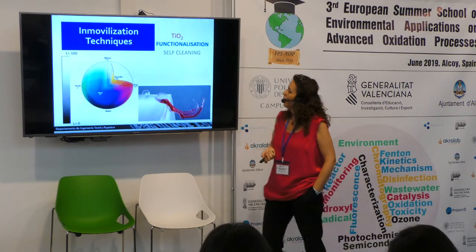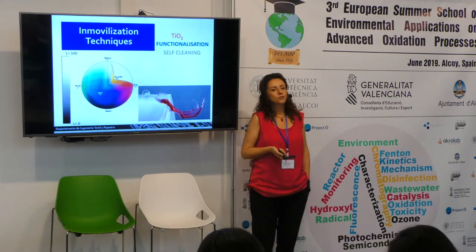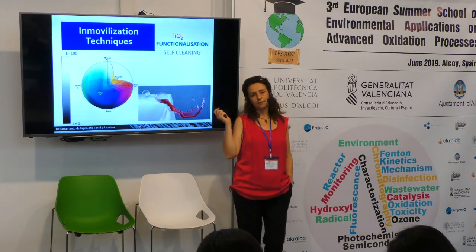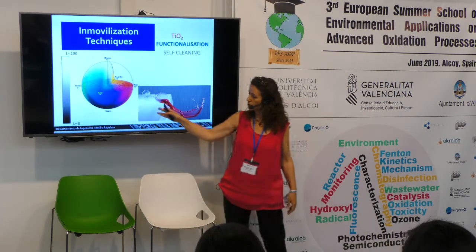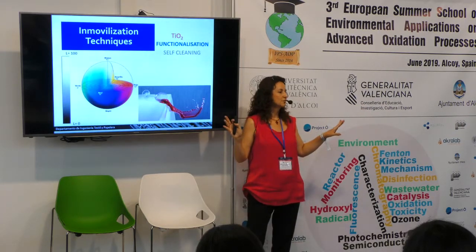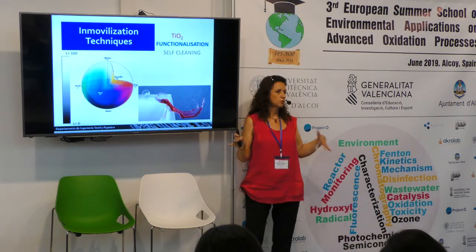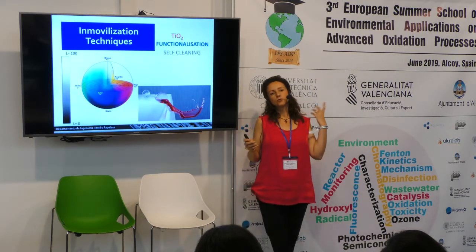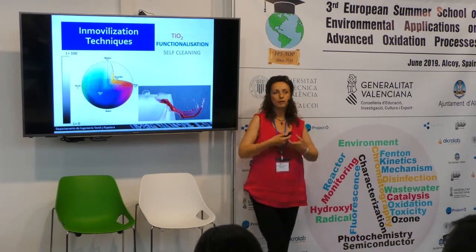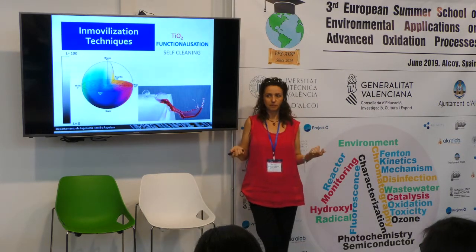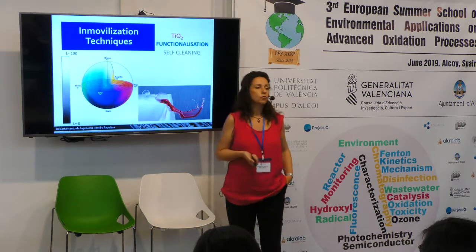Okay, another application could be self-cleaning. This means I've got my cotton fabric, for example, and it is dirty with wine. So titanium dioxide is going to help us to clean that kind of sheet or towel or whatever, right? So how do we measure this?